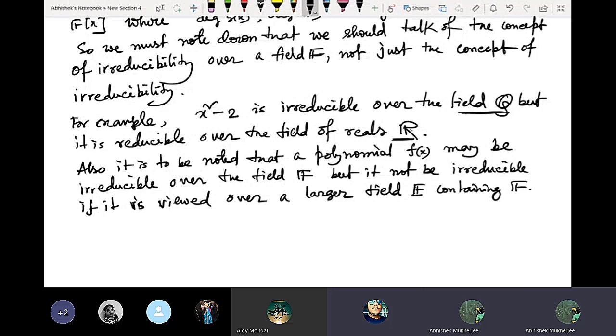That is, Q is a subfield of R. So x square minus 2 is irreducible over Q, but it is not irreducible over R. Okay.